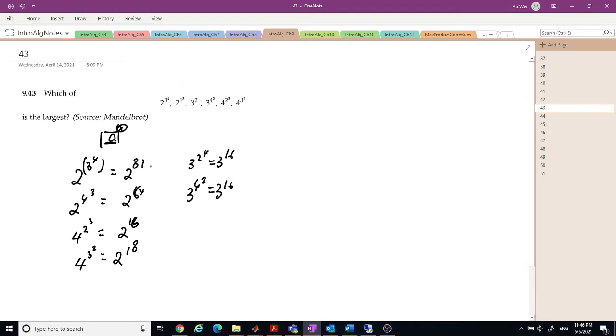So we know these are powers of 2, and this is the biggest, and for 3 this is the biggest.